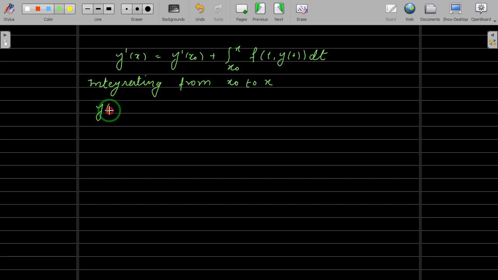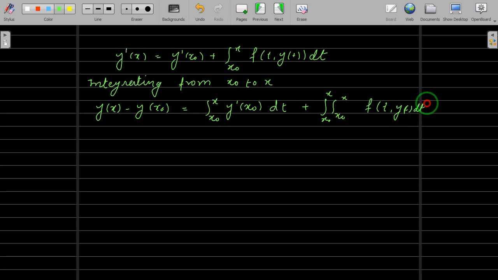So we will have here y at x minus y at x naught equals, let me write this, integral from x naught to x y dash at x naught dt plus these two integrals, x naught to x, x naught to x f t y t dt. Let me write dt square.